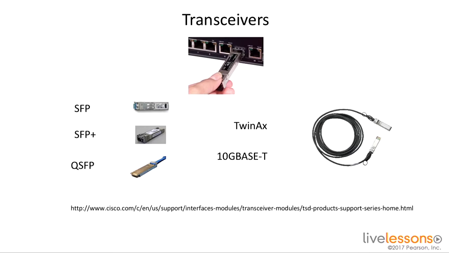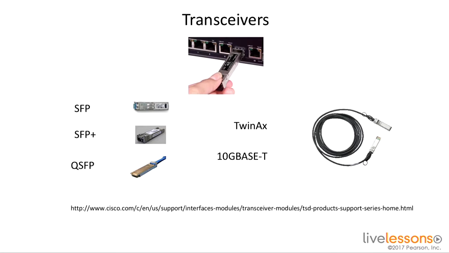previous lesson. And in this case, I have many different types of transceivers that will fit in a Cisco switch depending upon the speed of the media, or whether it's fiber, or whether it's copper. And I can see a few here on this slide. For instance, on the left, I have an SFP transceiver, which stands for Small Form Factor Pluggable Transceiver.